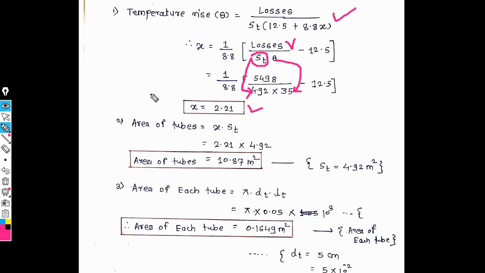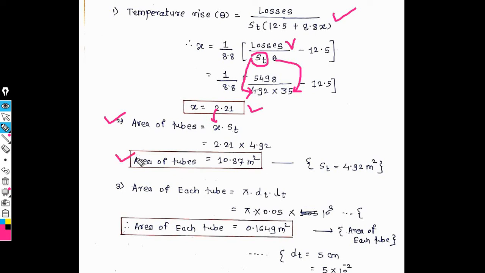This is the temperature rise theta with respect to 35 degrees Celsius. Then calculate the area of tubes. The area of tubes is equal to x into ST. Putting the value, x is 2.21 into 4.92. This is the area of tubes, that is 10.87 meter square.